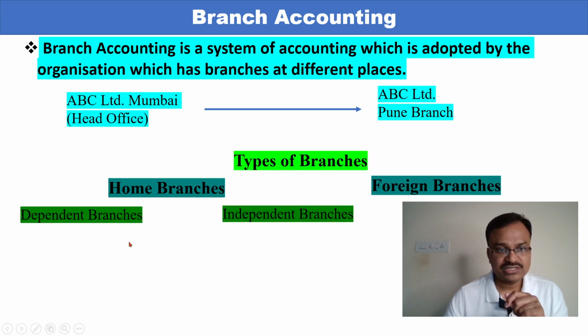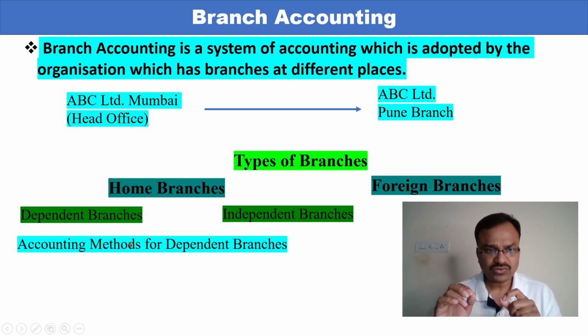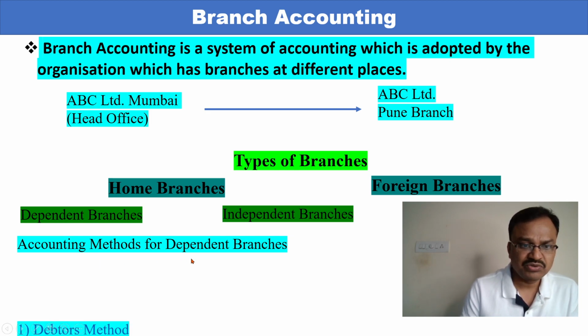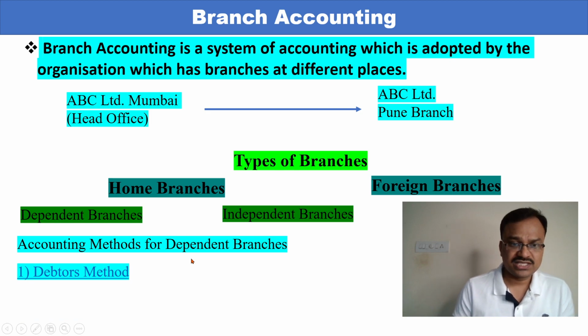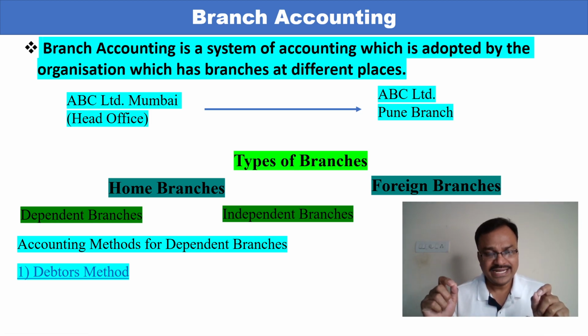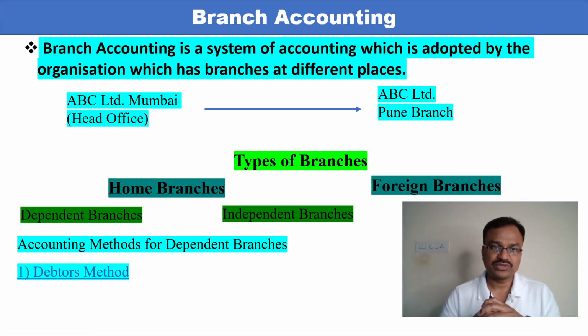Like, see, the first method of accounting for dependent branches is the debtors method. Under the debtors method, the head office maintains a separate branch account for every branch. Suppose a company has two branches.